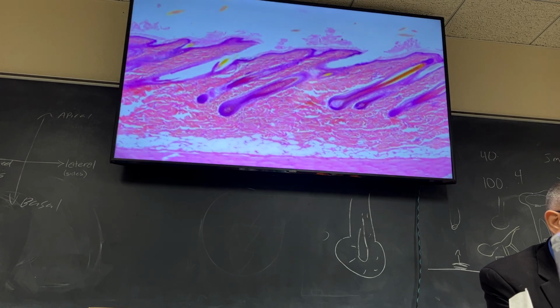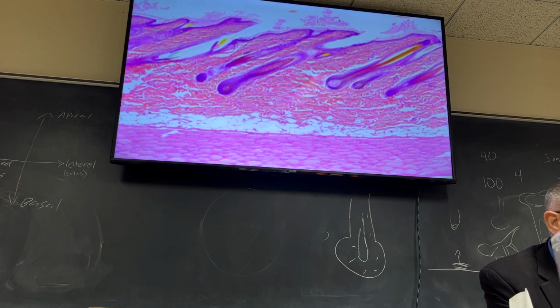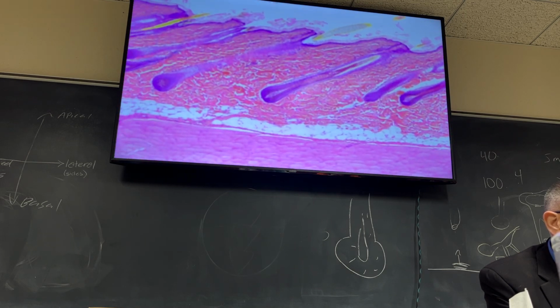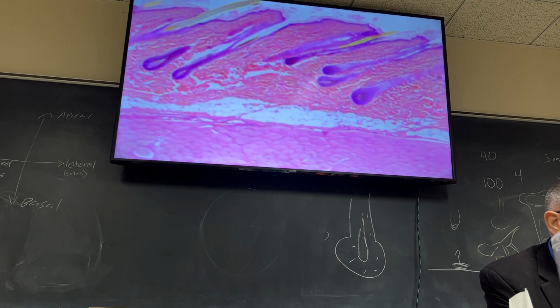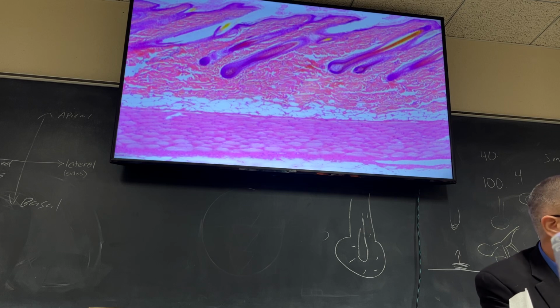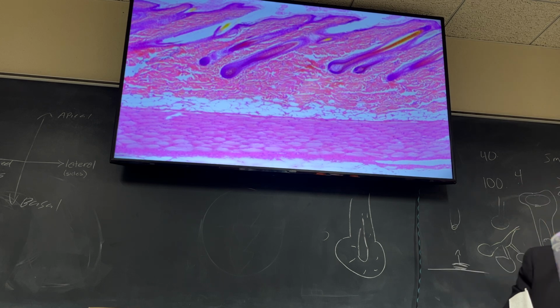There's a nice one. How about that one? Not seeing a heck of a lot of sebaceous glands though. Nice to see the root on that one though. Is that on 4 or is it 5? 4, and then 4B. Let's look at 4, right? So there's a nice hair follicle, right?